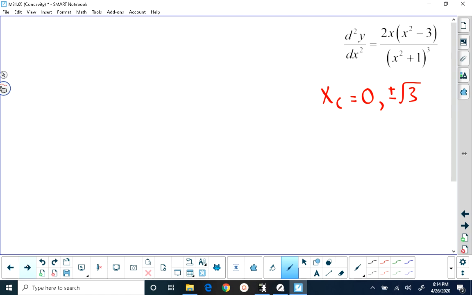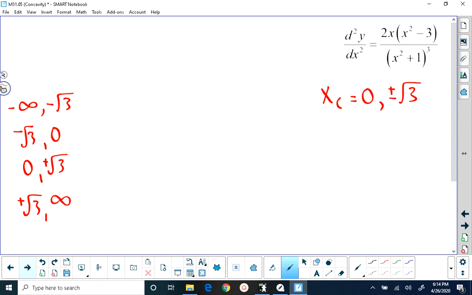That means that my derivative chart, which is a second derivative chart, will have an interval from negative infinity to negative root 3, from negative root 3 to 0, from 0 to positive root 3, from positive root 3 to infinity.